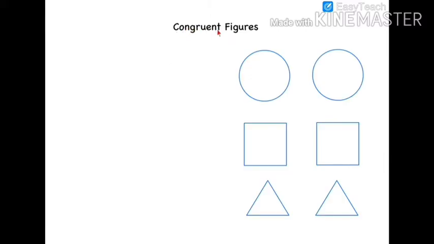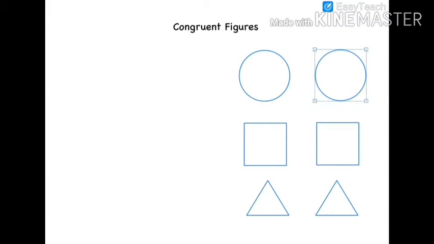The word congruent means equal in all respect. This means that congruent figures, when overlap with each other, will completely coincide. For example, in the figure I have shown two circles. If I overlap the two circles, they completely coincide.